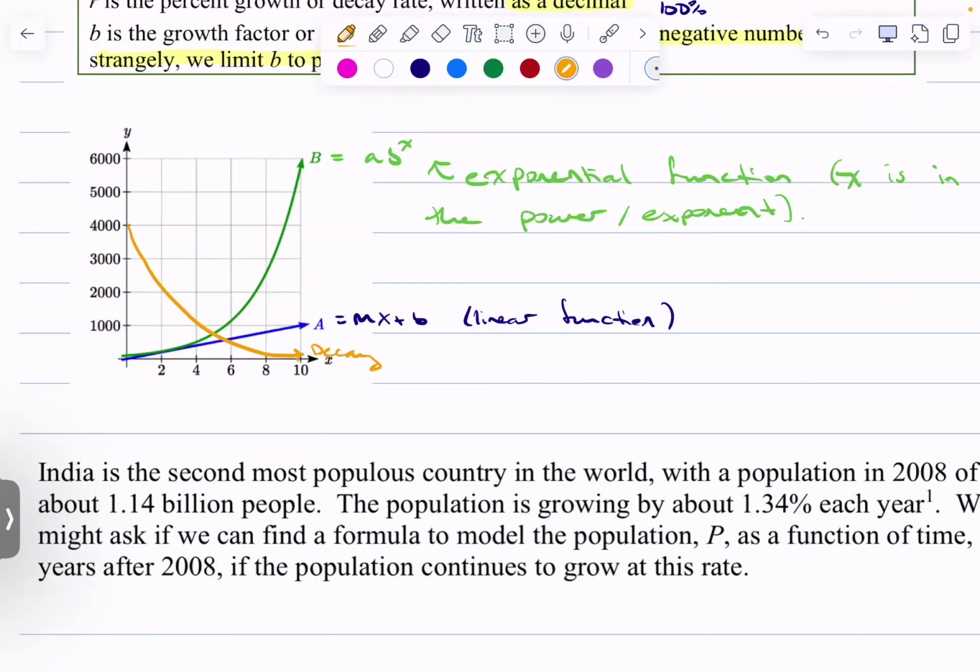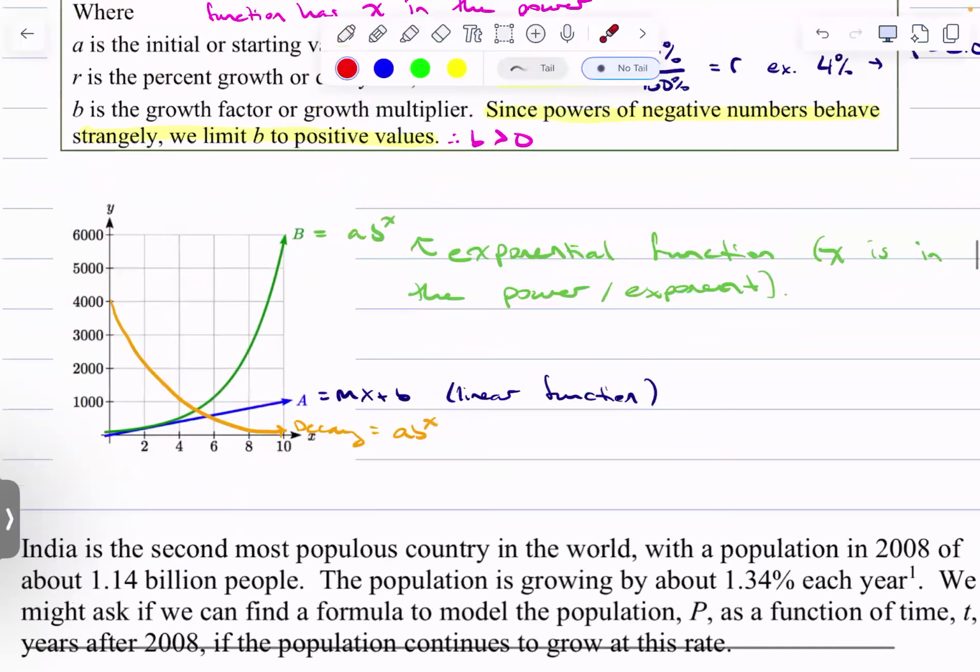Decay would still have the form ab to the x. It's just that the b would have a different property, which we haven't introduced yet. So both the exponential function, just in general, the growth, right?